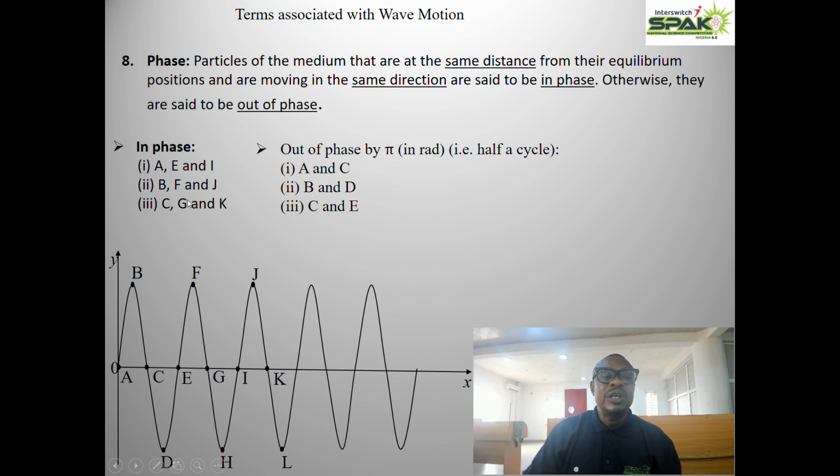So when you say phase, particles of the medium that are at the same distance from their equilibrium position, from here to here, are said to be in phase. Remember, all particles here are vibrating at the same time. So the particles here and the particles here are said to be in phase. Particles of the medium that are the same distance from the equilibrium position and are moving in the same direction are said to be in phase.